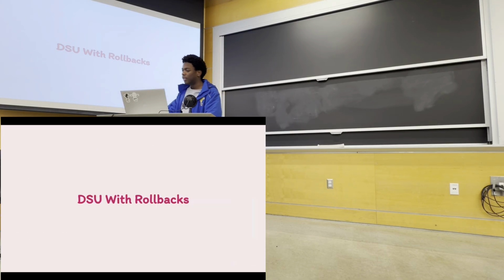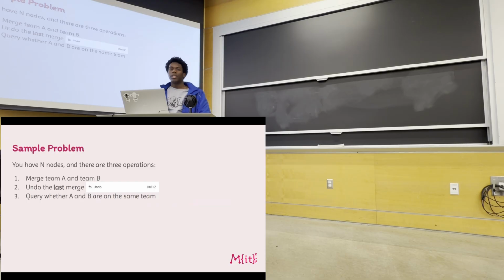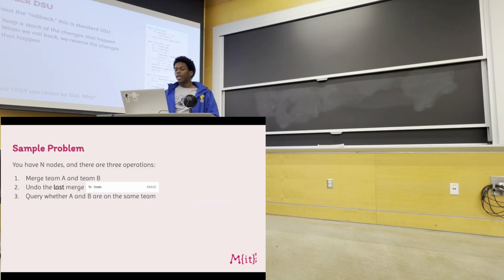Okay, and then this is a bit simpler, but it has interesting applications for the persistent union find algorithm. This is just the disjoint set union, but modified to have rollbacks. And what we mean by rollbacks is just being able to undo the last merge that you have performed. It's pretty simple.